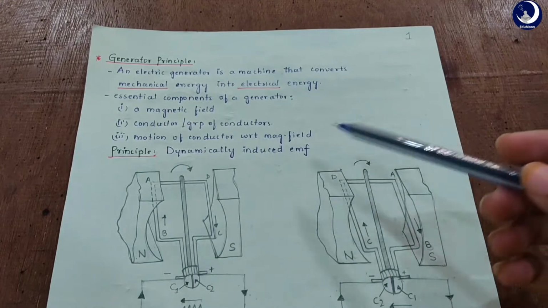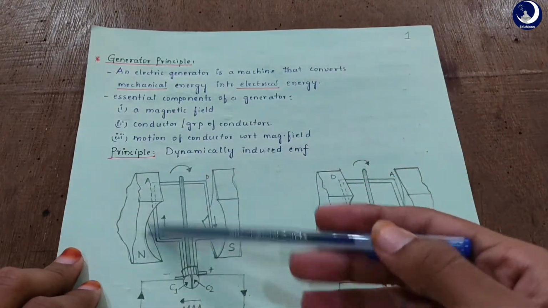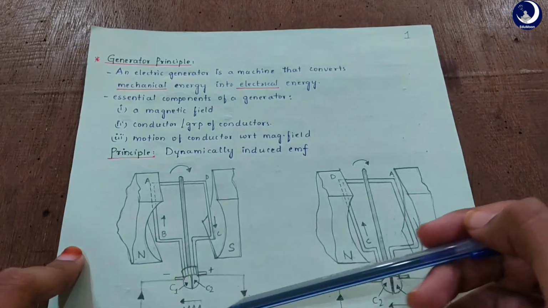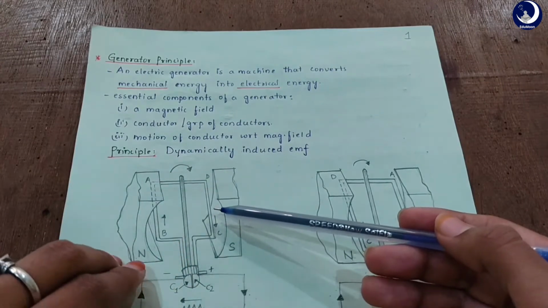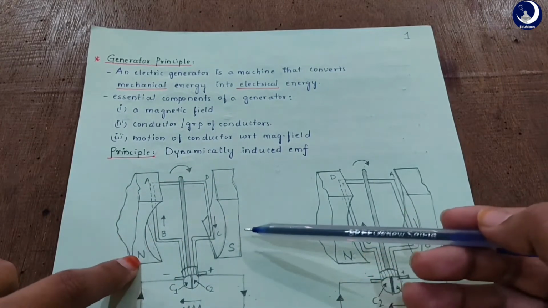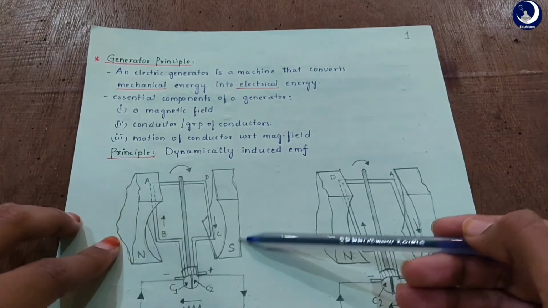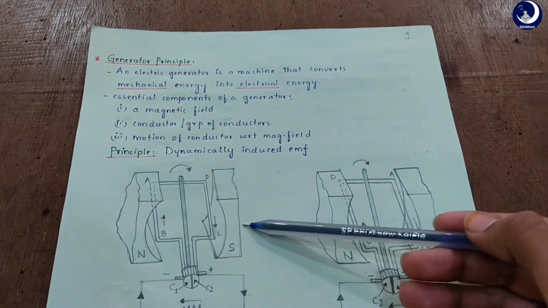See here, I have considered a single turn loop ABCD, and its ends are connected to an external load. This is placed between two bar magnets, this being the north pole and this being the south pole. So the AB side is under the influence of the north pole and the CD side is under the influence of the south pole.